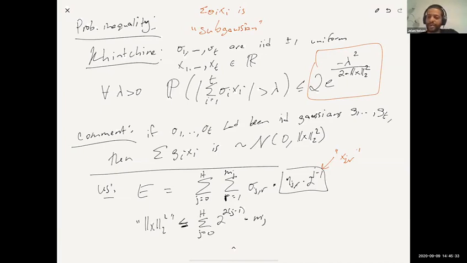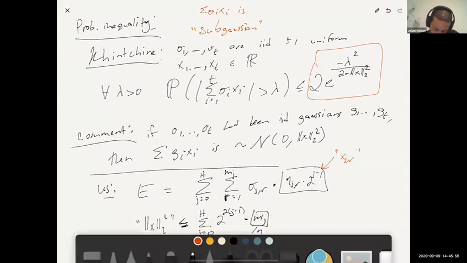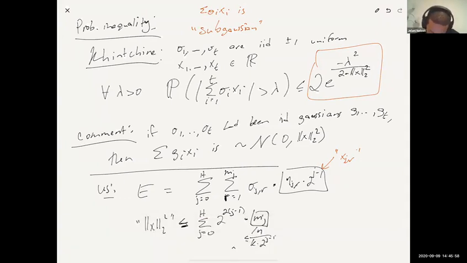And remember what we bounded mj by before: mj is the number of compactions at level j, so it is at most n over k times 2 to the j minus 1. That's what we saw before from the MRL analysis. And now we get a little bit of cancellation: this cancels that.